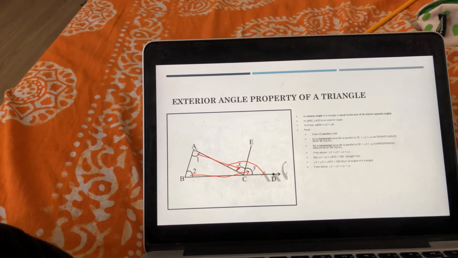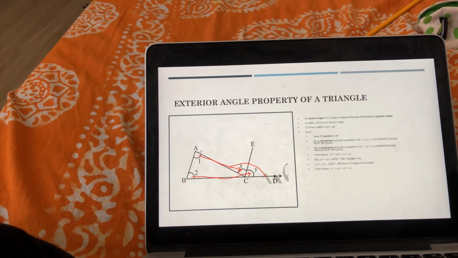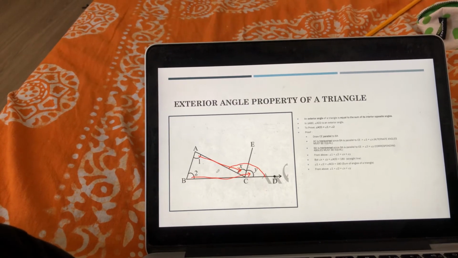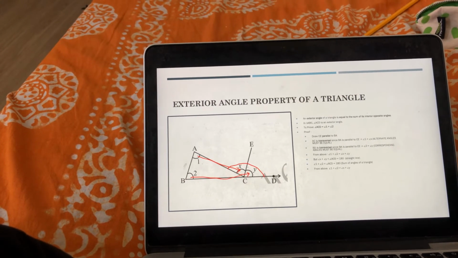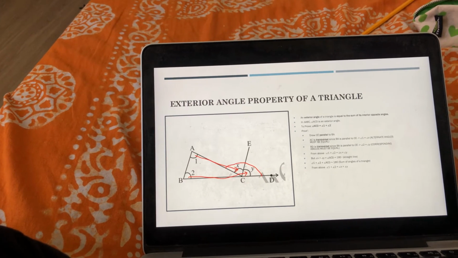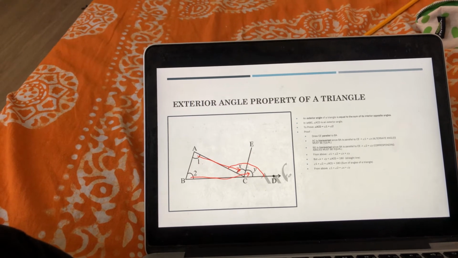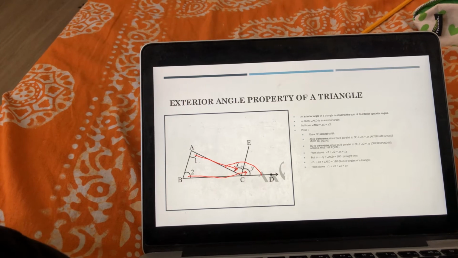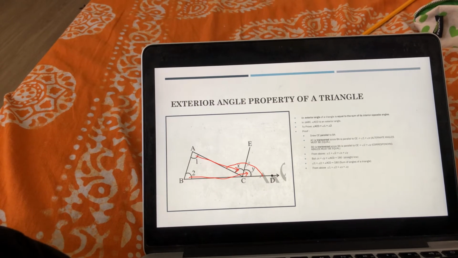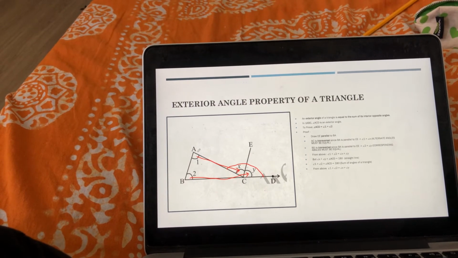Let's go again. We have a triangle ABC with two interior angles 1 and 2 that are opposite to an exterior angle ACD, and we have to prove the sum of the interior opposite angles is equal to the exterior angle. So exterior angle ACD is nothing but angles x plus y, which is obtained by drawing a line CE parallel to BA.